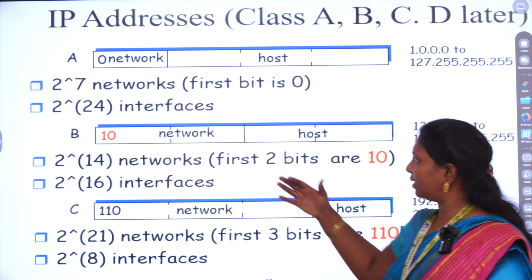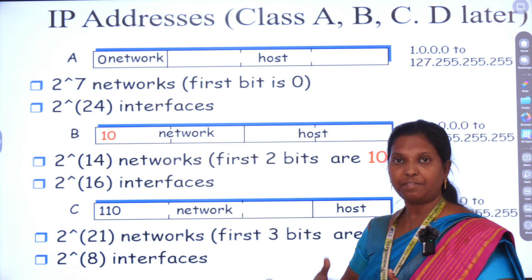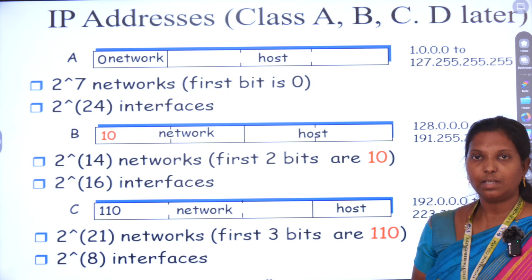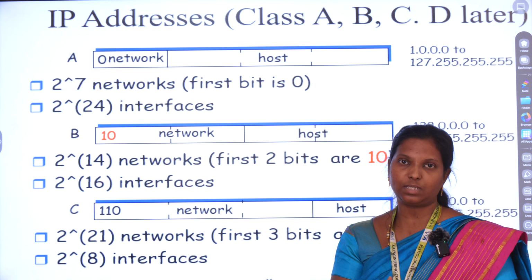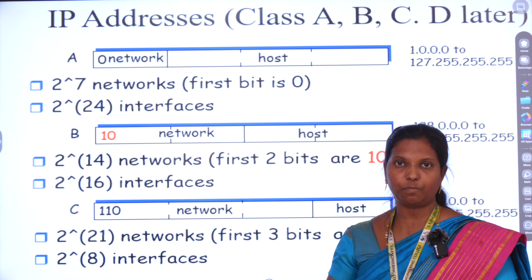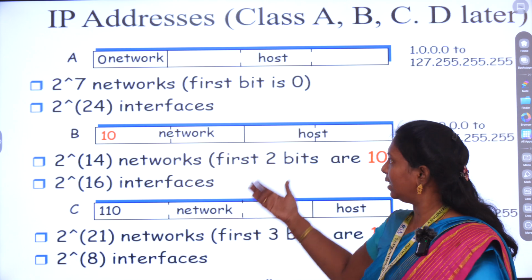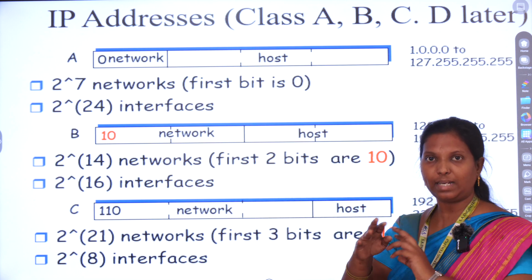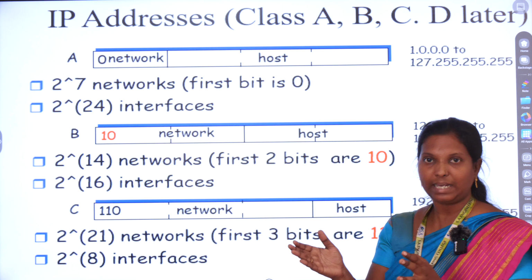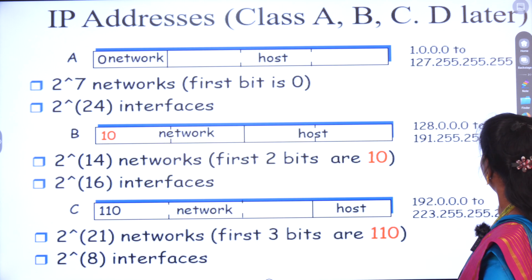As you know, when networks increase, interfaces decrease, because with the combinations of all these networks, there is no chance of the hosts increasing. That's why the interfaces decrease when the networks increase. So you can understand the patterns of networks and interfaces.